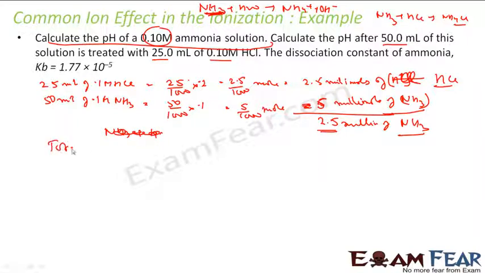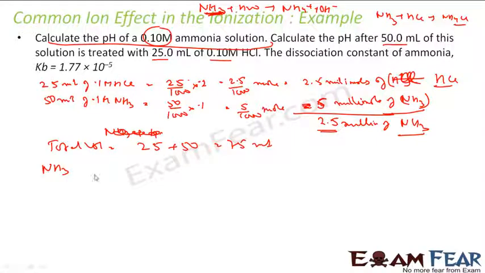So what is the total volume? Total volume was 25 ml from HCl and 50 ml from ammonia, that is 75 ml. Correct? So let me find the concentration of NH3.